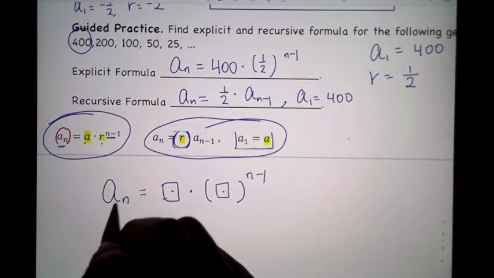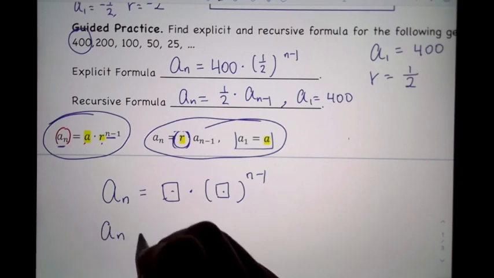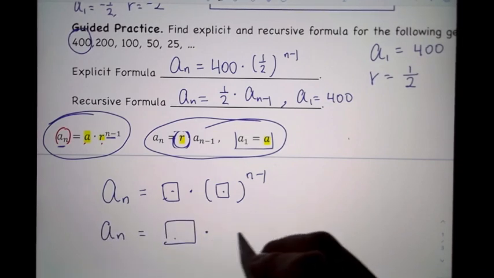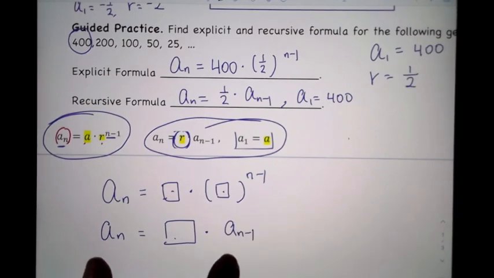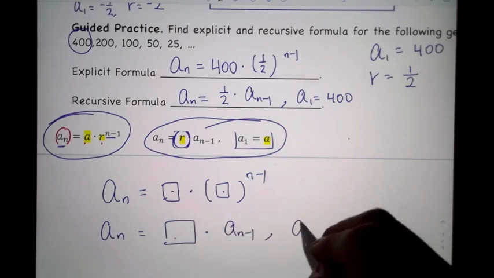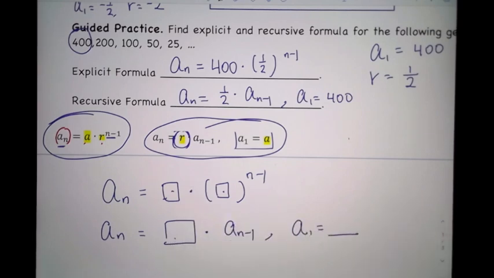And for the recursive form, you're doing a_n equals, you're looking for this times a_(n-1). You're not changing this 2, guys. You're looking for that one, and you know this is r, right? And comma, you just write your first term, whatever you get. So you're looking for those numbers. So this is the format.